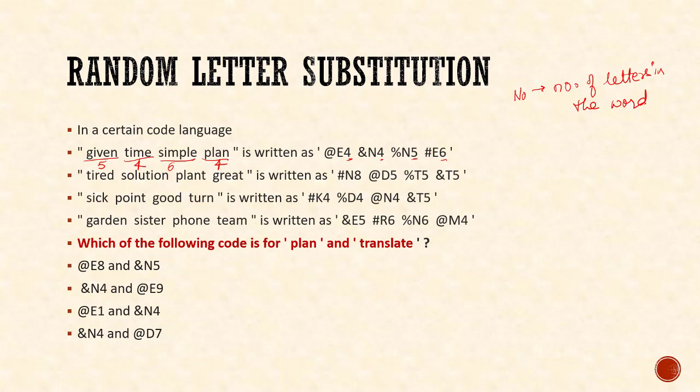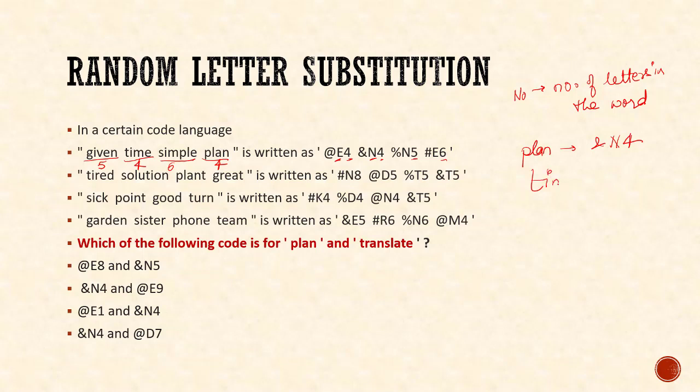One is ending on E, other is ending on N. So I can see in one of the codes E is being mentioned, in one of the codes N is being mentioned. Okay. So I can say the code for the word plan should be N4.